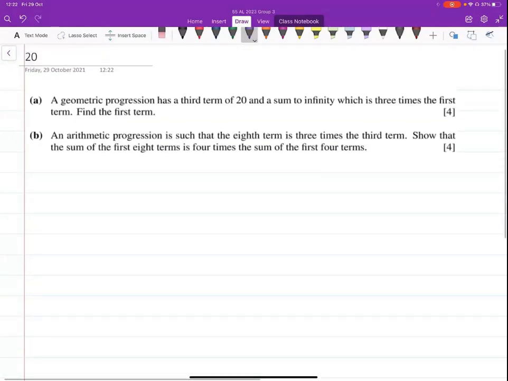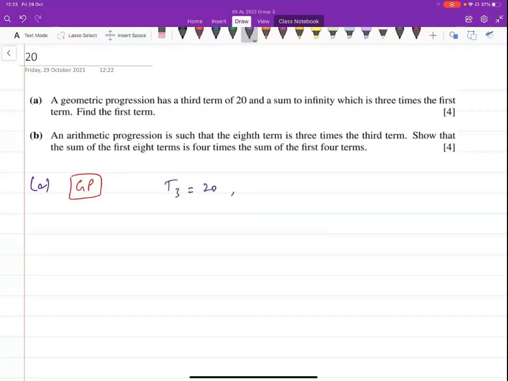So a GP has a third term of 20 and a sum to infinity which is 3 times the first term. Okay, so it's a GP first of all. You have to be careful, use the formulas for GP and not for AP. The third term is 20, so T3 is equal to 20.